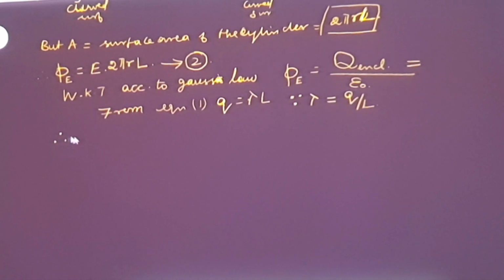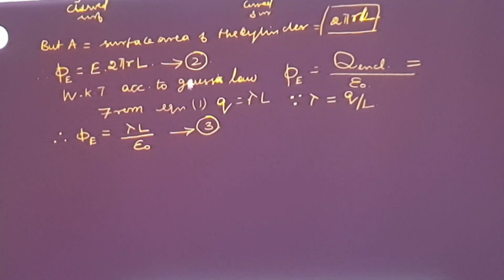Therefore, I can state the flux available due to Gauss law phi E is equal to, what is charge enclosed? Charge enclosed is lambda into L from equation 1. So lambda into L divided by this permittivity epsilon 0. Let us take this as equation number 3.